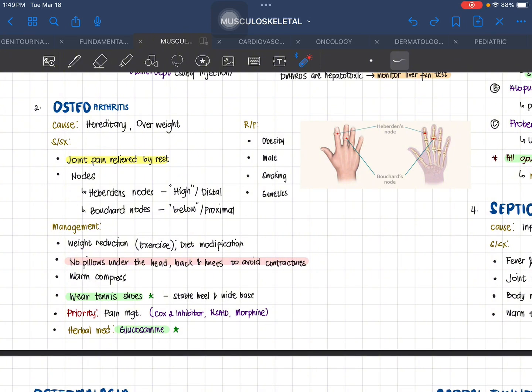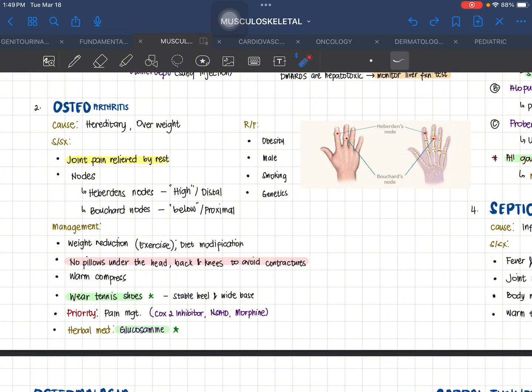So, ang signs and symptoms ng osteoarthritis ay joint pain but can be relieved by rest. Also, may nodes din sila, ang Heberdens and Bouchard nodes. So, ang management natin dito, of course, dahil sila ay overweight, in-advise sila to do weight reduction and diet modification. So, mag-exercise and ayusin yung diet nila.